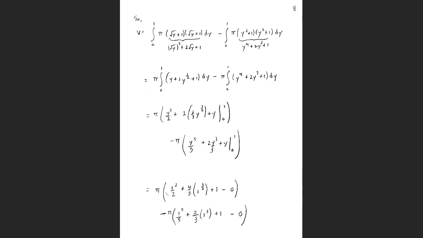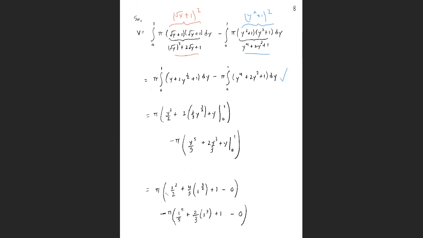Okay, so if we go to the next page, I actually worked through the integration for this problem. For the outer volume, we had the radius root y plus 1, quantity squared, and I'm going to FOIL that out. And for the inner volume, the radius was y squared plus 1, squared. So again, I'm going to FOIL that out.